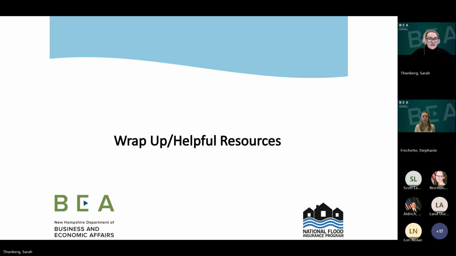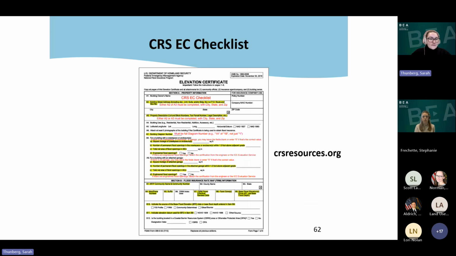So to wrap up, I highly recommend the CRS elevation certificate checklist. It is available through crsresources.org, and it really provides a great way to be confident that you're reviewing elevation certificates correctly and with respect to your local regulations.